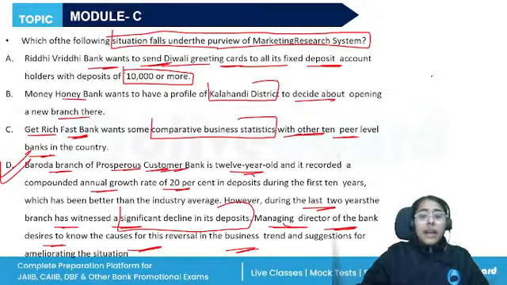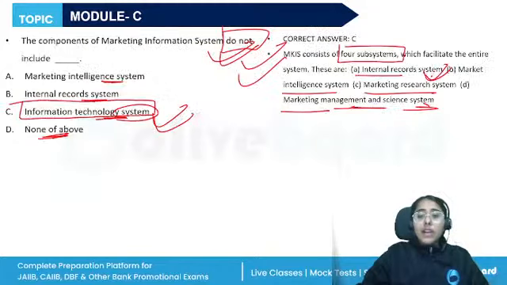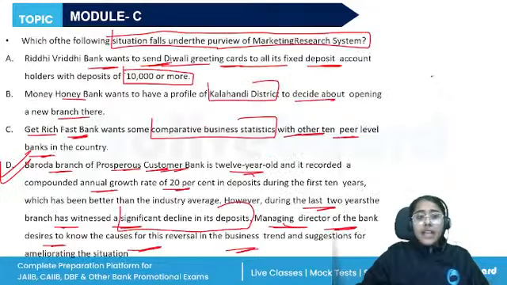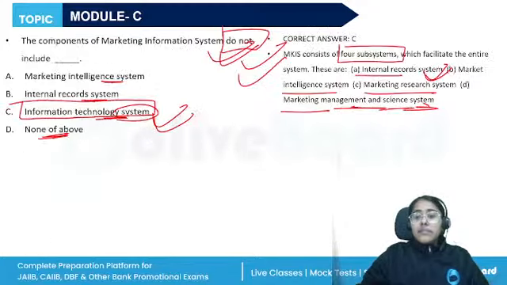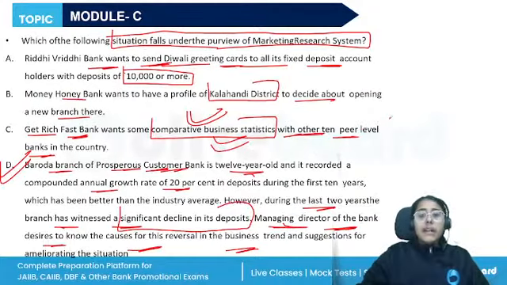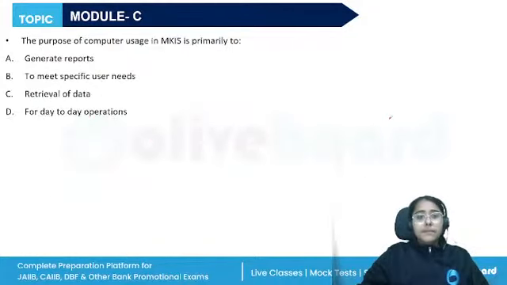If the Money Honey Bank wants to have a profile of the Kalahandi district for opening a new branch, they can use the marketing intelligence system, right? And if they want comparative business statistics, then they can use the marketing management and science system. But option D relates to the marketing research system.